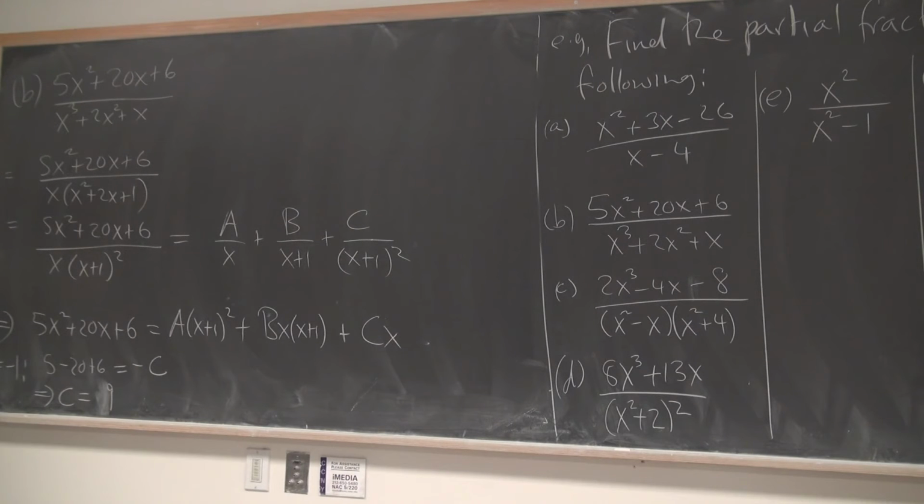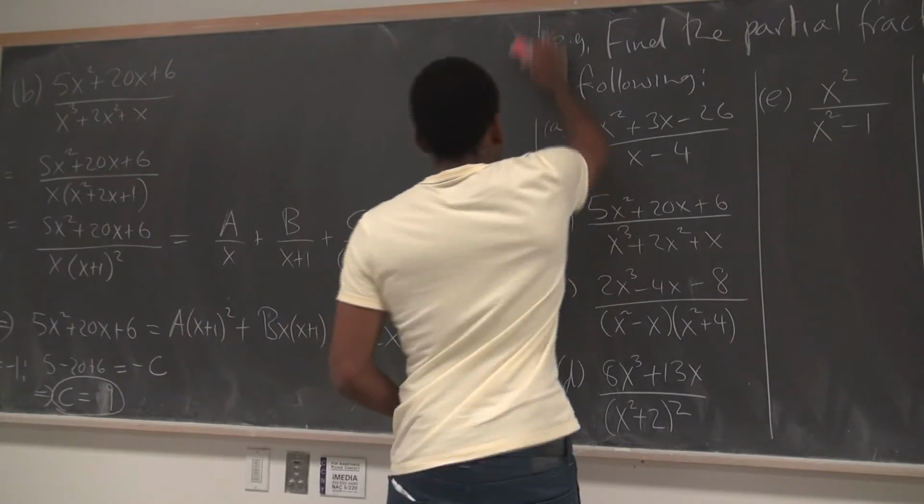Okay, we're tired. 5 plus 6 is 11, minus 20, is minus 9. You have minus 9 equals minus C, so C equals positive 9. Okay, we found C. We're going to have to erase this.